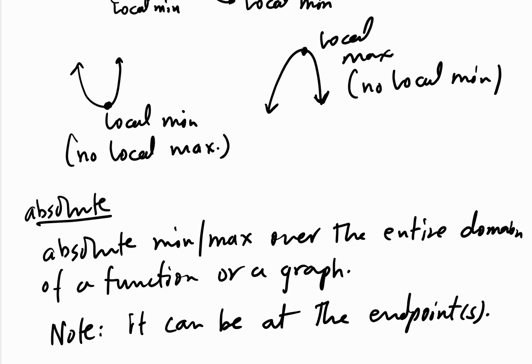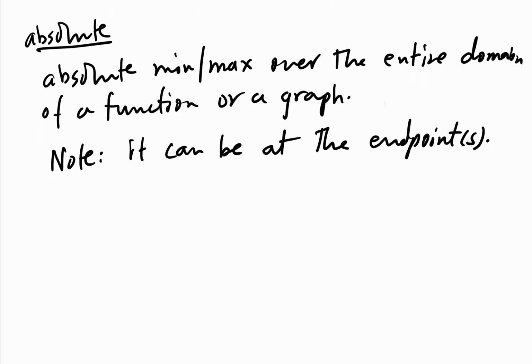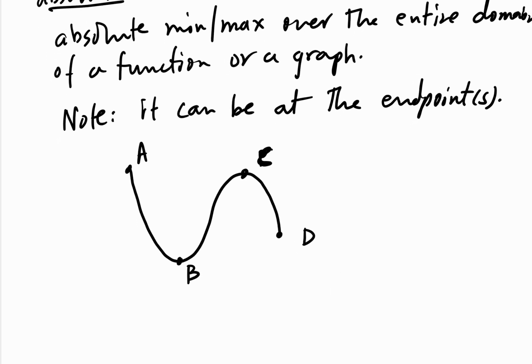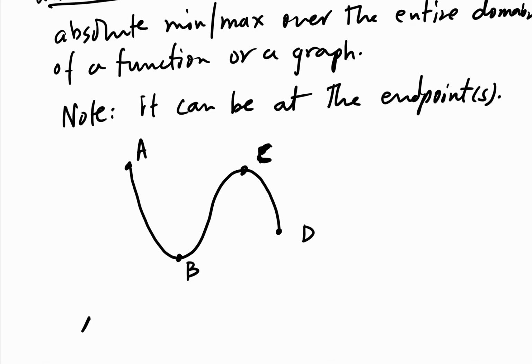Points of the graph. So for example, if we have something like this, let's call these points A, B, C, D. Look at A. Point A is the highest point the graph can reach. So A is considered absolute max.